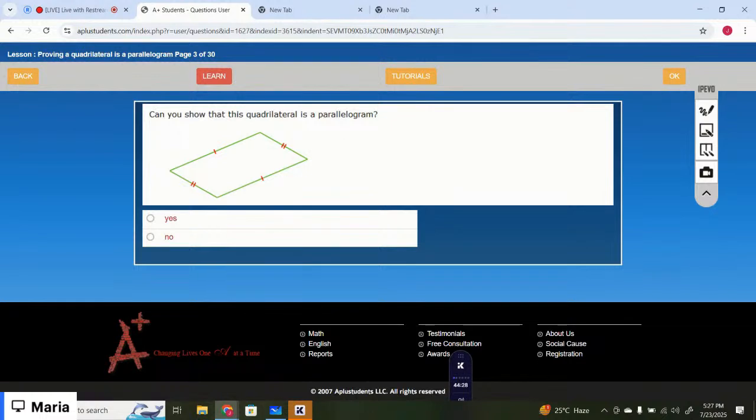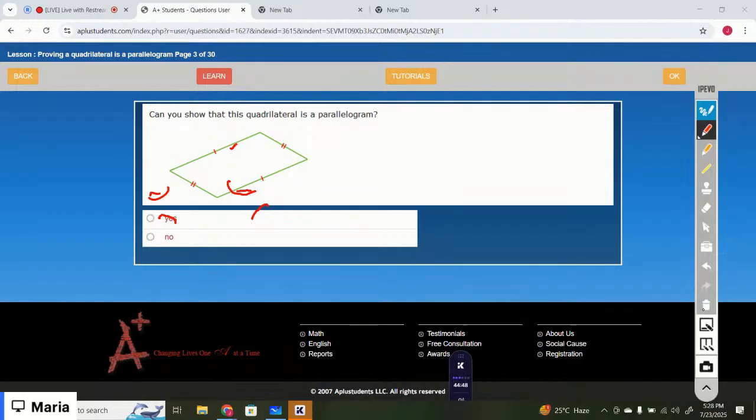Can you show this quadrilateral is a parallelogram? Yes, it is a parallelogram, right? Because the pairs of opposite sides have matching hatch marks. This side is parallel to this side, and these sides are parallel to this side.